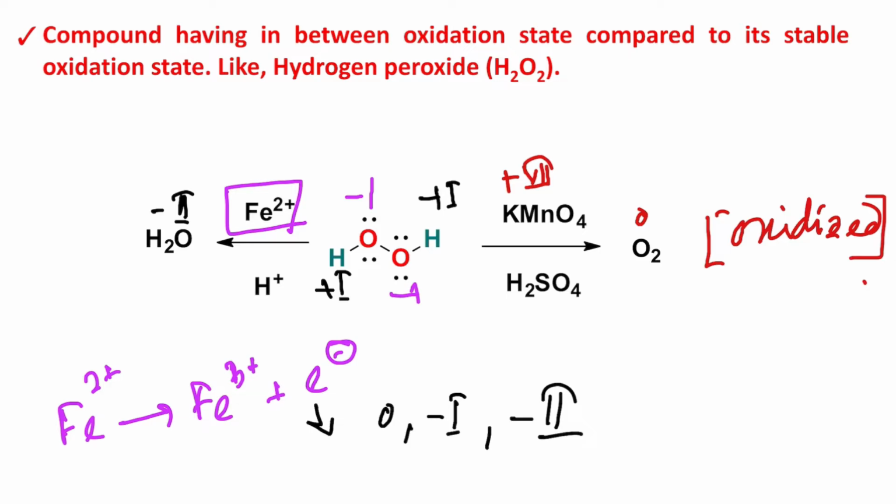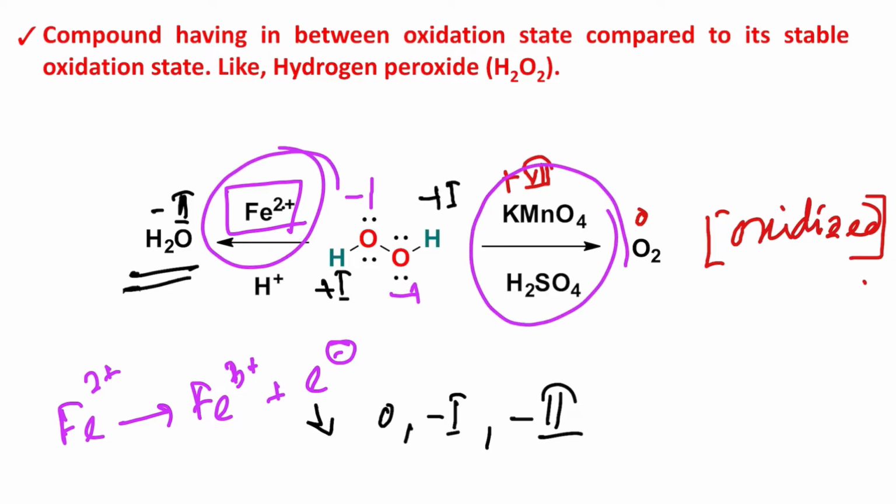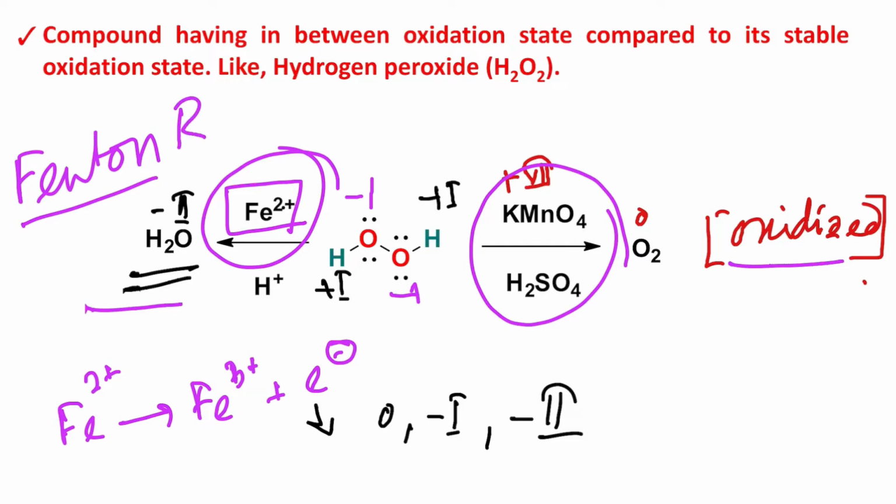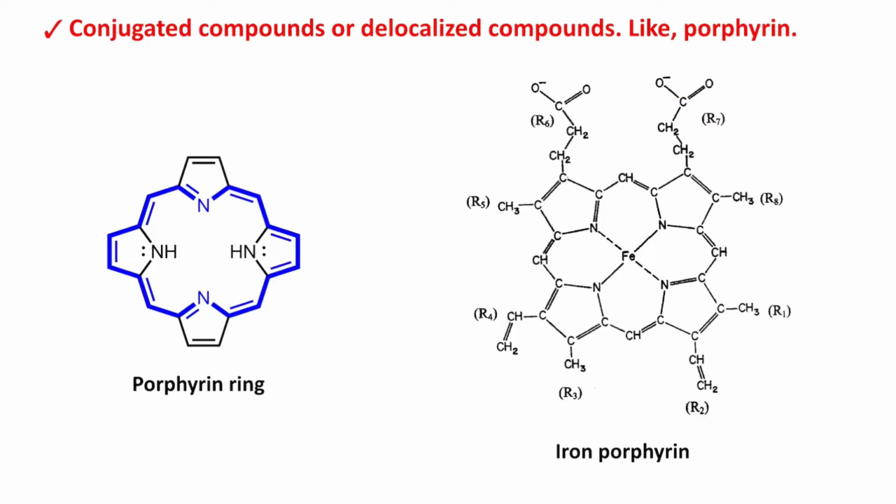So in this way, the iron center got oxidized and the oxygen got reduced, because oxygen's stable oxidation state is -2 but it is in -1, so it can take more electrons and form water. So based on your counterpart, either permanganate or iron 2+, it can act in both ways: it could be oxidized or it could be reduced. Since this second reaction is like a Fenton type reaction, I think you have seen this.